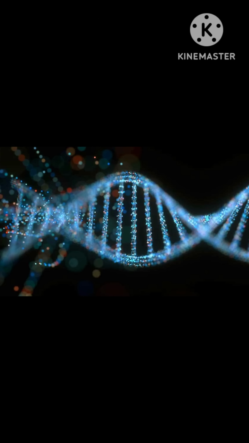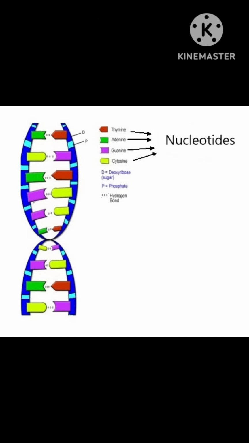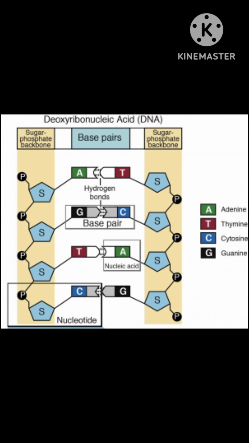Now, when you're dealing with DNA, each molecule or link in the DNA chain consists of 2 nucleotide strands held together by hydrogen bonds, or you can say smaller strands. When you're dealing with these smaller strands, you have guanine, cytosine, adenine, and thymine.